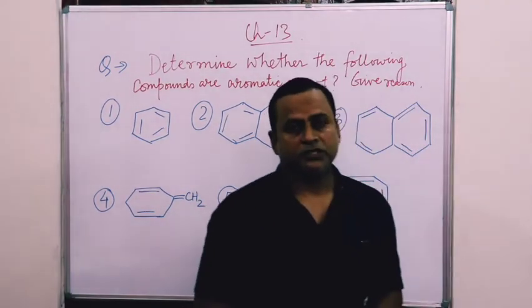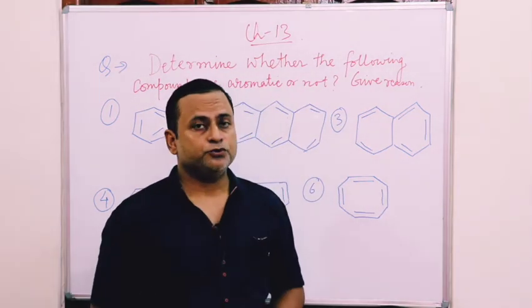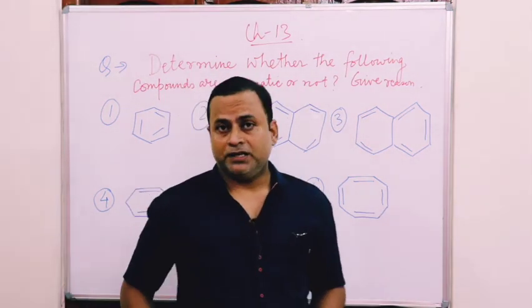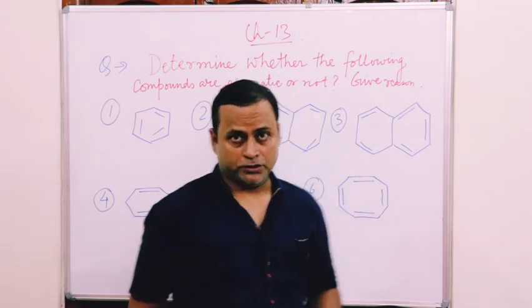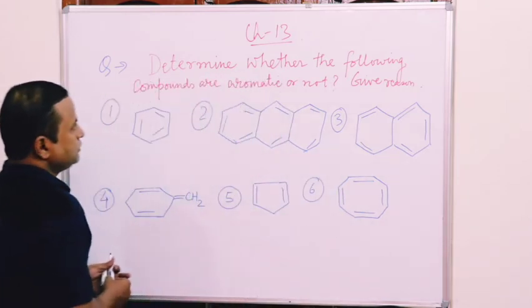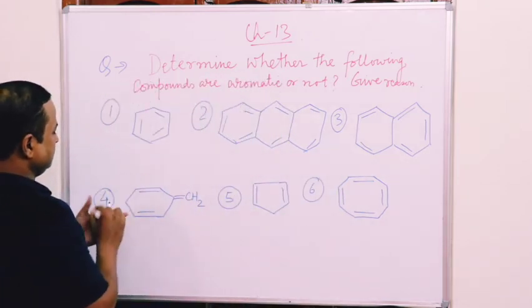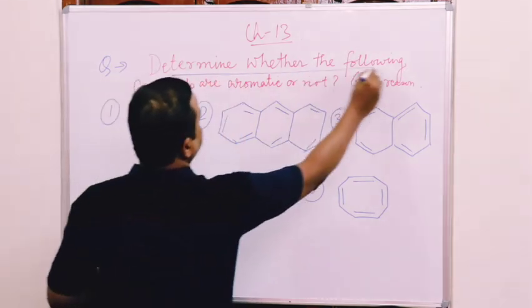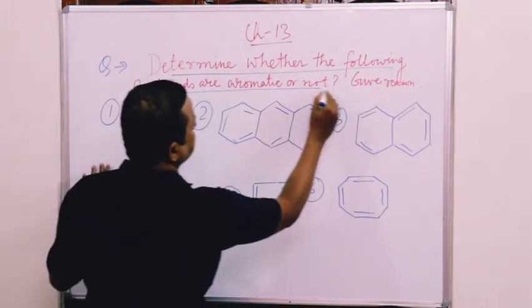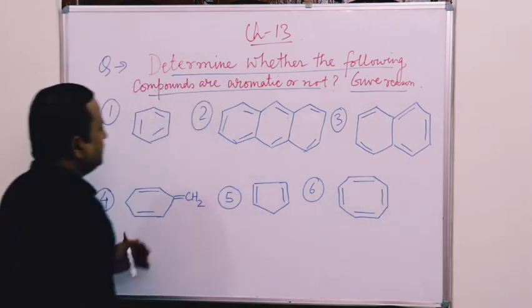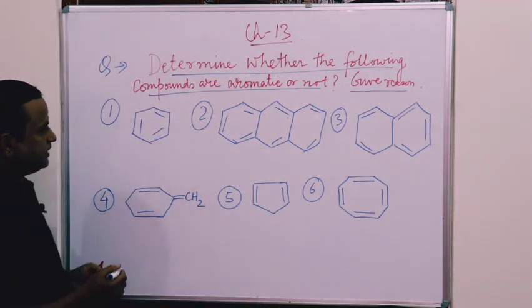After knowing what are the conditions required for a compound to be aromatic, let's now solve some questions on the same topic. So I have noted down some questions. The question is, determine whether the following compounds are aromatic or not, and then give reason. So first compound, it is benzene.